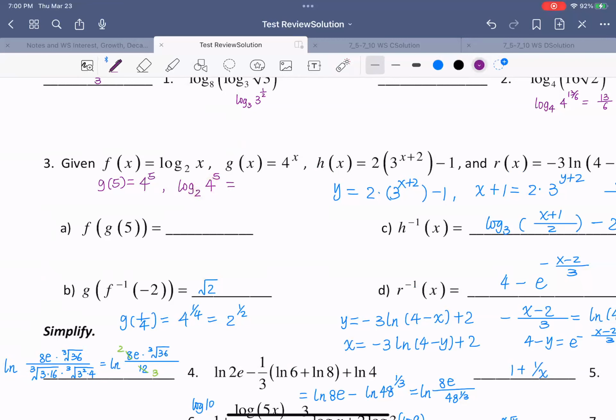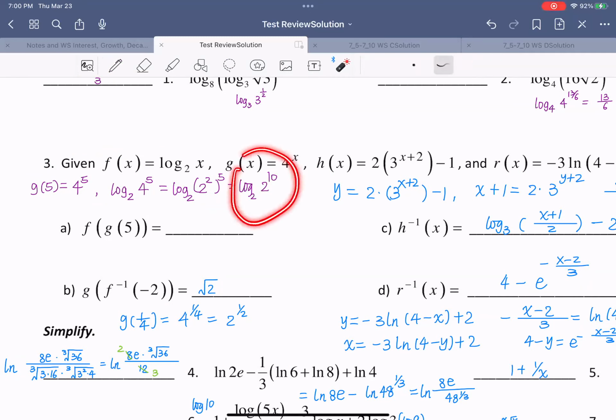So you want to convert 4 to 2 square, right? Yes. 4 is 2 square. 2 square to the power of 5. So this is log base 2 and then 2 to the power of 10. So how much is this then? 10. You pull the 10 to the front. This is 10. Okay.